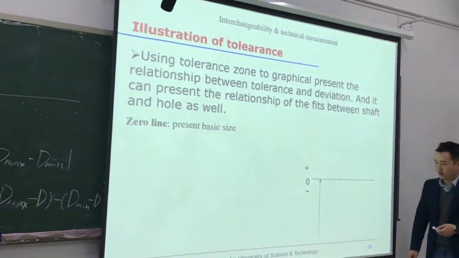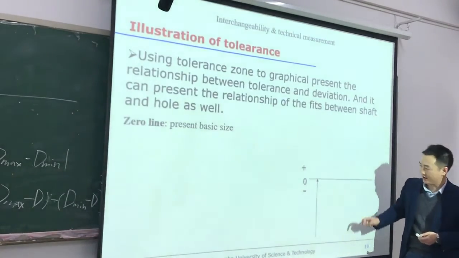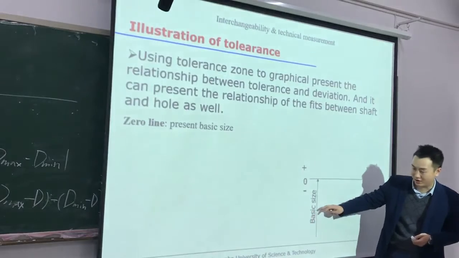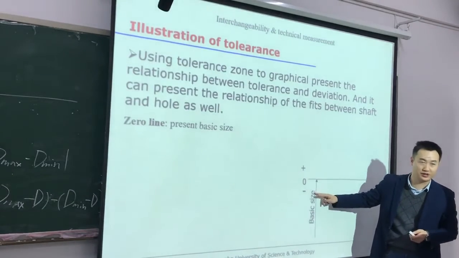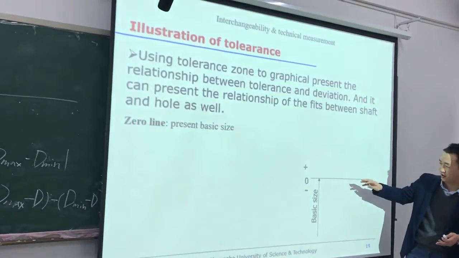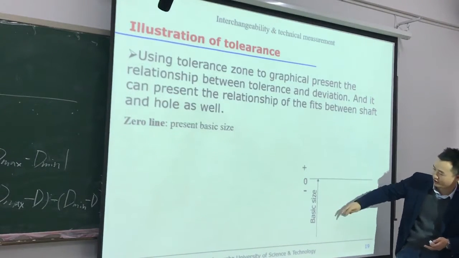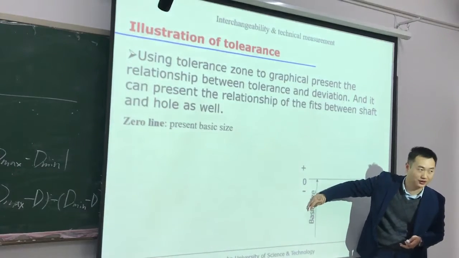We also draw a line perpendicular to this horizontal line and write the basic size here. Like maybe it's a 15 diameter shaft, so we need to write a 15 here.